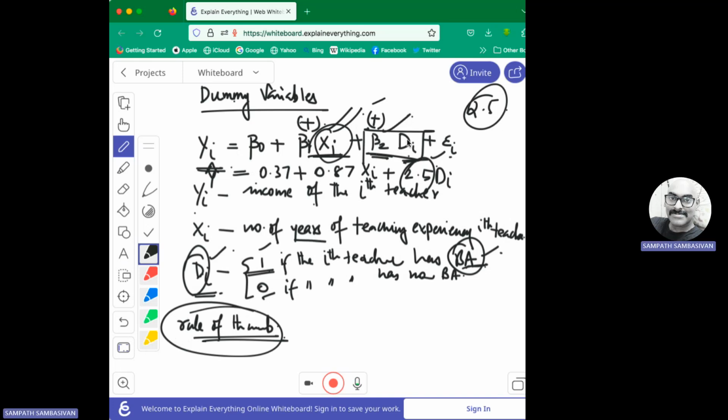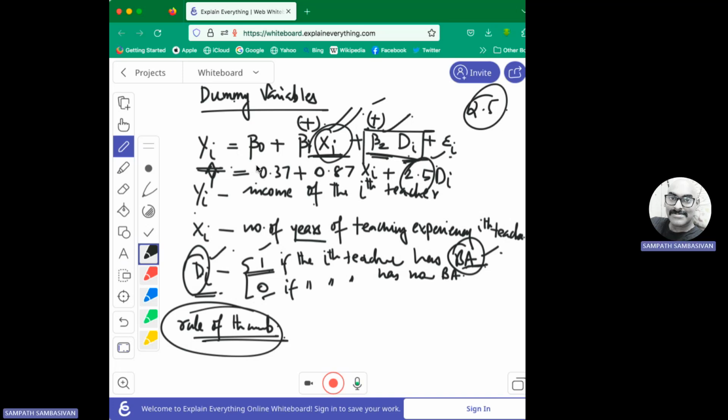How many dummy variables should be included in a particular model? It would be one less than the number of conditions that we have laid before us. Here, two conditions are laid before us: one having a BA degree and the other not having a BA degree. So for the two conditions, we have just one dummy variable. That's a small rule that you must keep in mind.